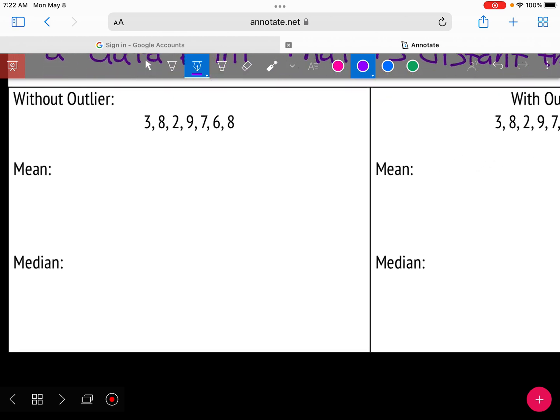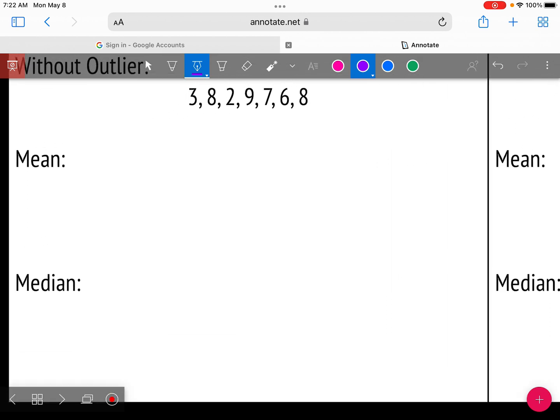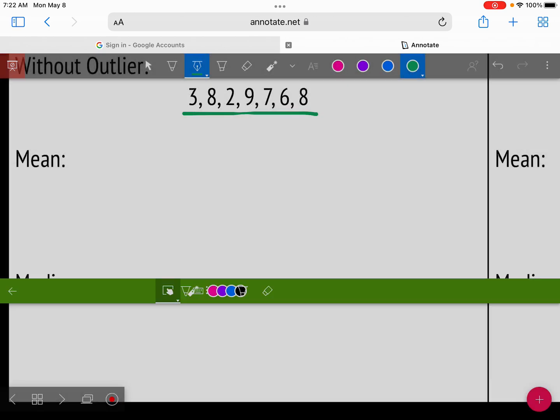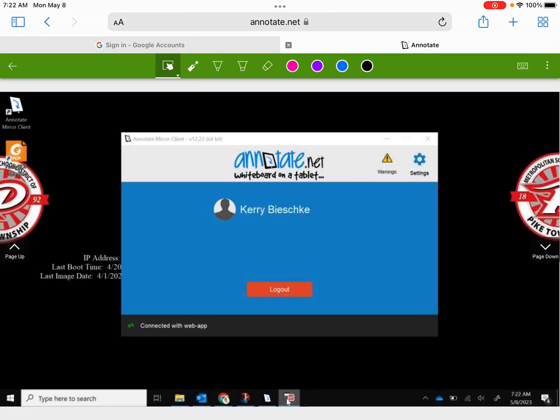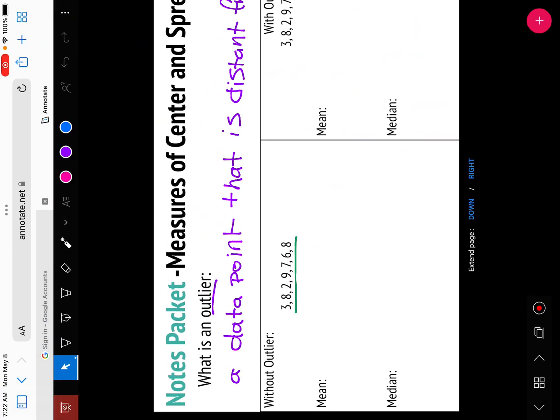All right, so we're going to start with the left data set over here. And we're going to find our mean. That's our average for these guys here. That means I need to get my calculator open, which is probably going to open on the wrong screen. So work on finding your mean for this set of data.